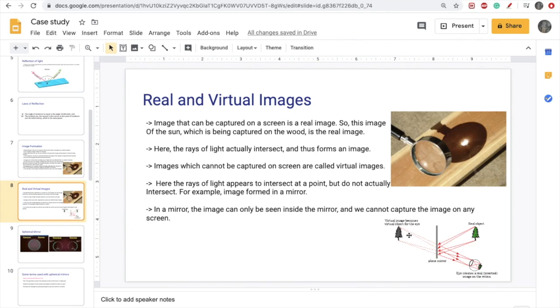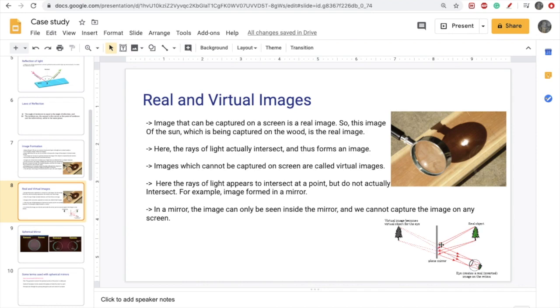So see here, if there is a real tree, the light from the sun will come here, get reflected from the tree, and fall on the mirror. Then a mirror will just reflect, because it is a polished surface, light will not go inside. Similarly, multiple rays we have drawn.